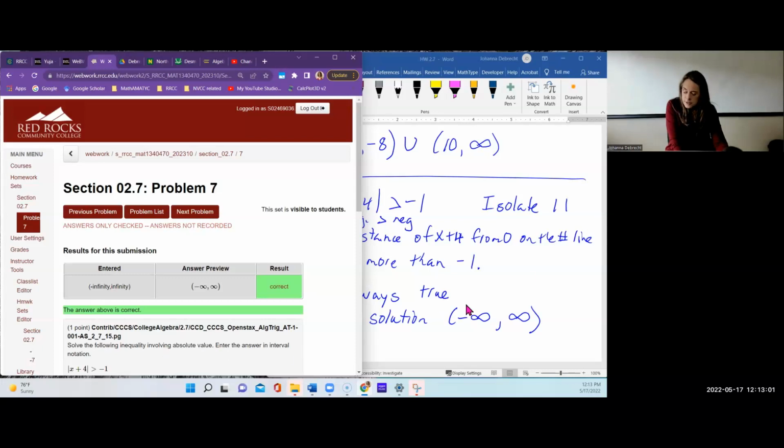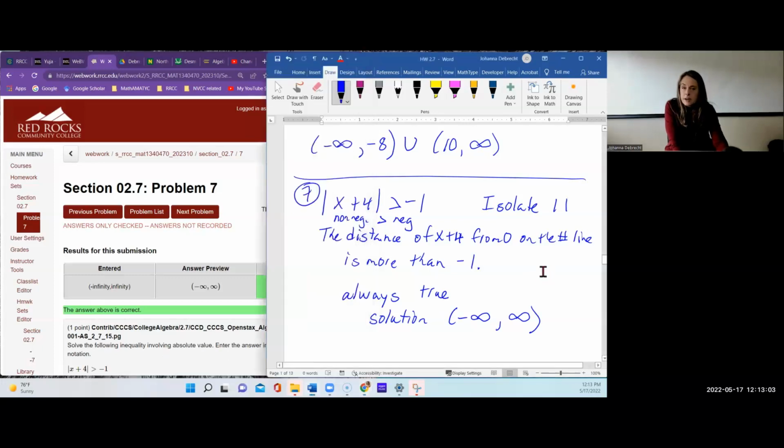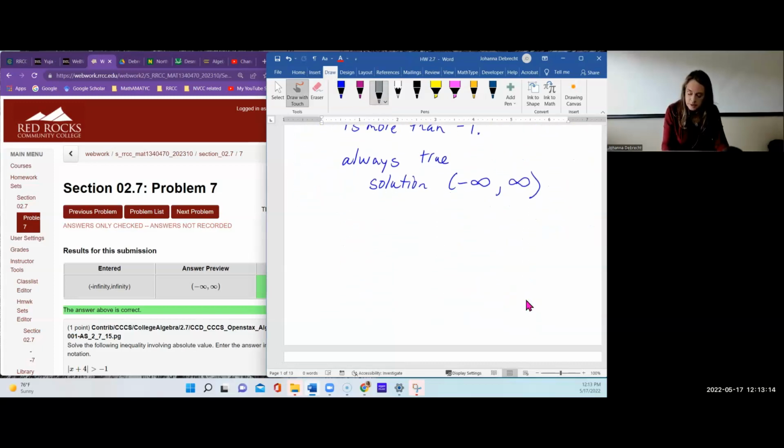Now, if there's a special case where it's greater than a negative, there must be a special case where it's less than a negative. Let's look at the same problem, but let's let it be less than -1 and see what that would mean.